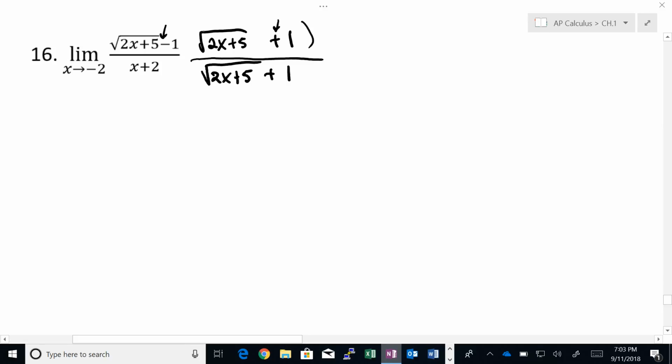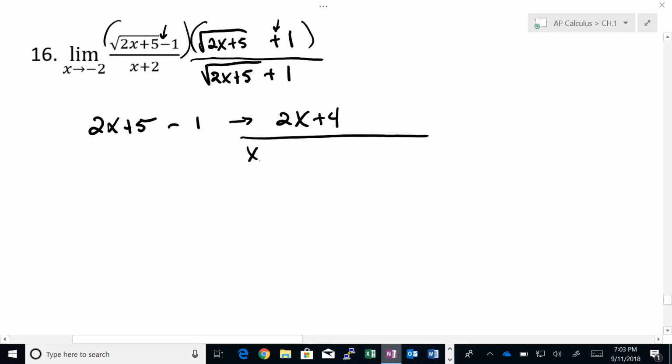Okay, let's FOIL. In the first part, you get 2x plus 5. The middle terms will cancel out, so I'm not even going to bother with the O and the I. And then you get a minus 1. So that goes to 2x plus 4.